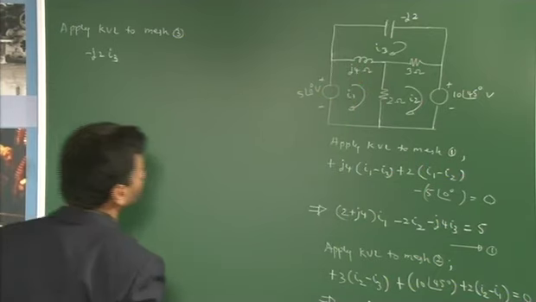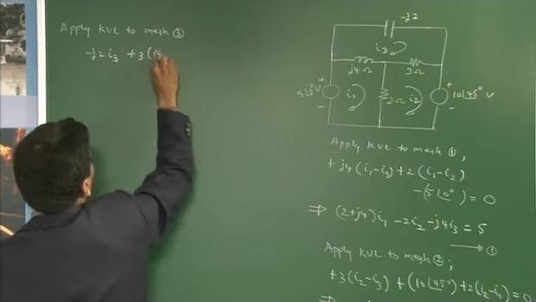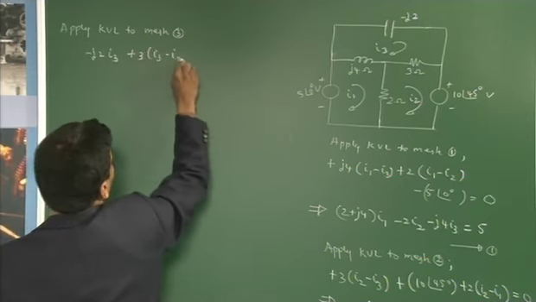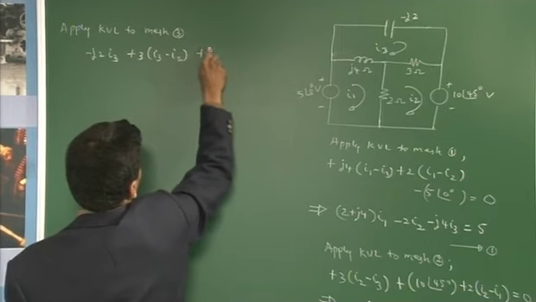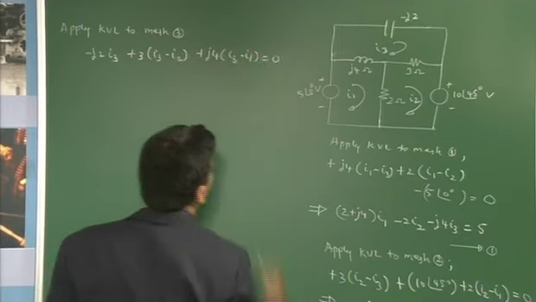Then plus 3 into (I3 minus I2), then plus J4 into (I3 minus I1) is equal to 0.